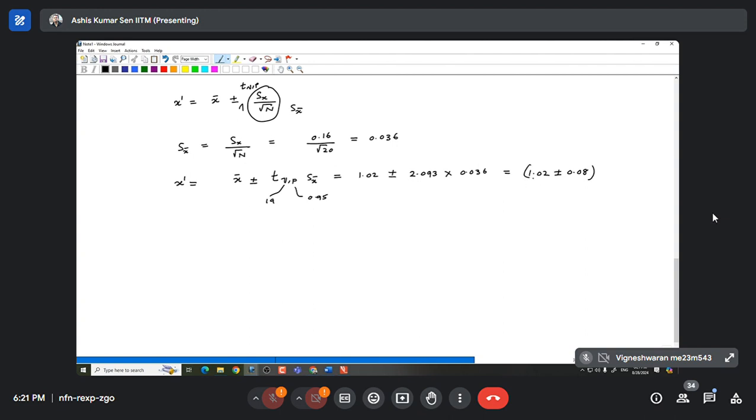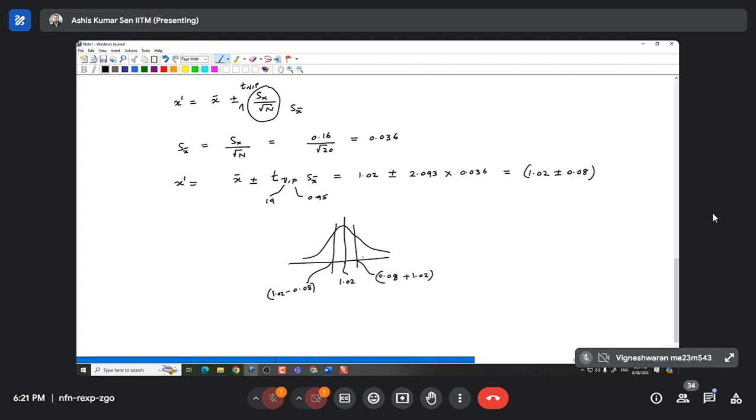So basically, you have 1.02 plus 0.08 and 1.02 minus 0.08, and this lower value would be 0.94.